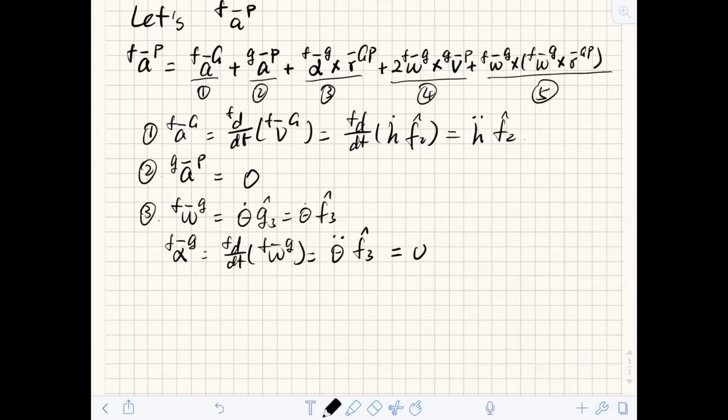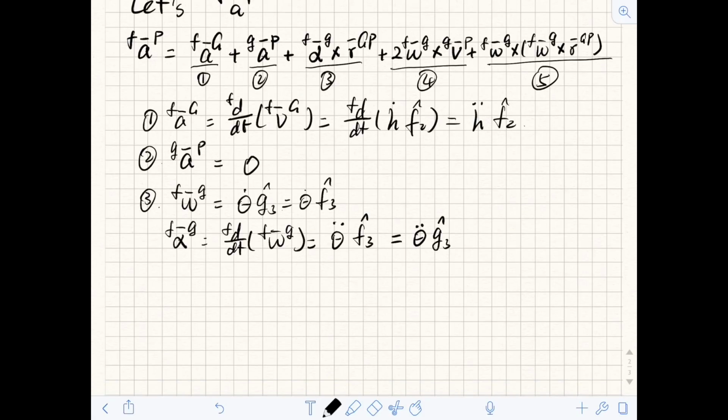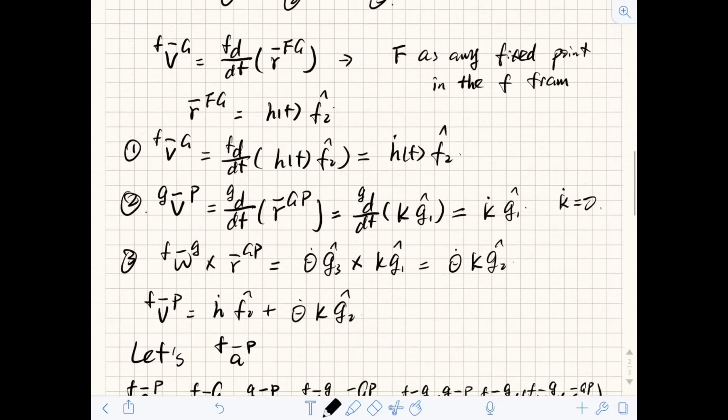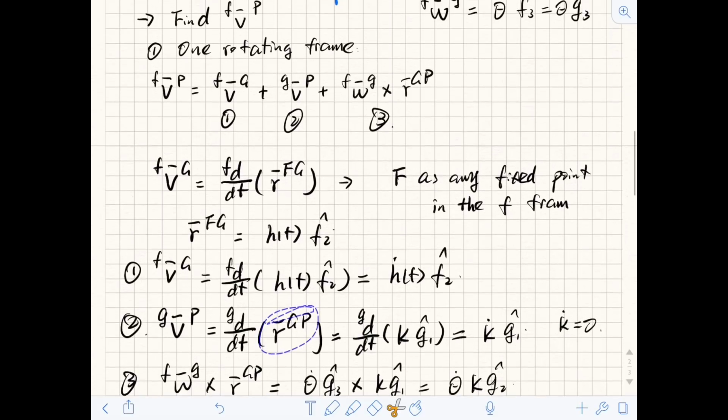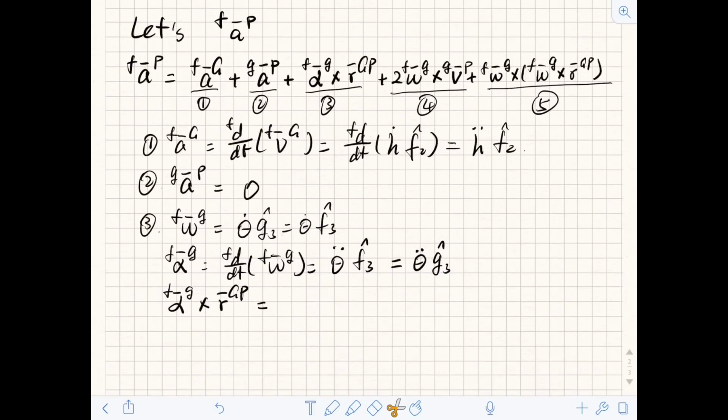Since they are in the same direction, we can say theta double dot G3. And the position vector, so we have a cross product. From the velocity, we know the position vector is k G1. So now we have theta double dot G3 cross k G1, which gives us theta double dot k G2.